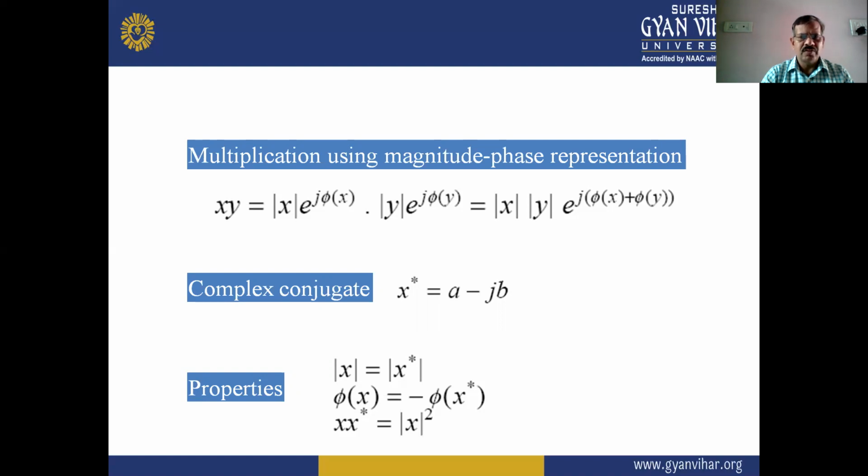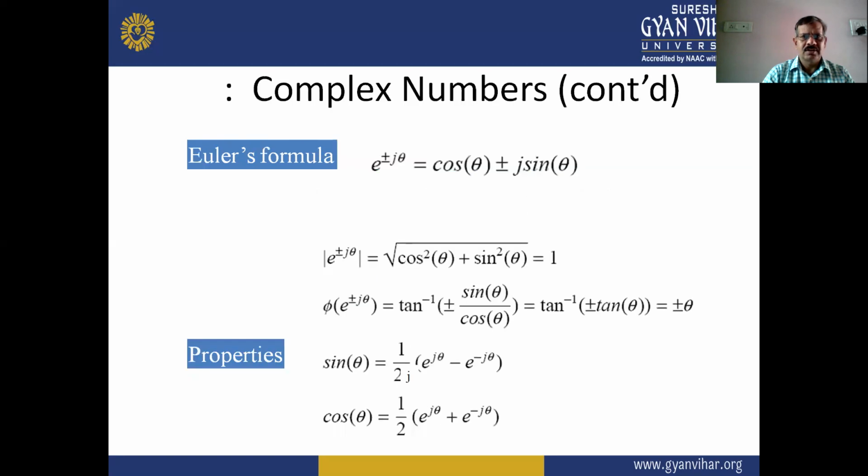Magnitude of x equals magnitude of x star, phase of x star equals minus phase of x, and x into x star equals magnitude of x whole squared. So this is the property of the complex number a plus jb.